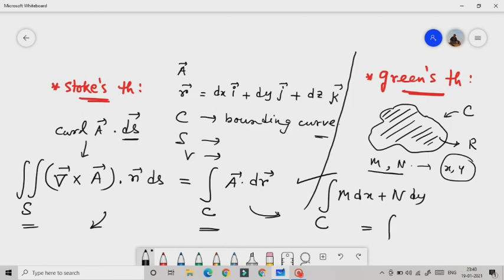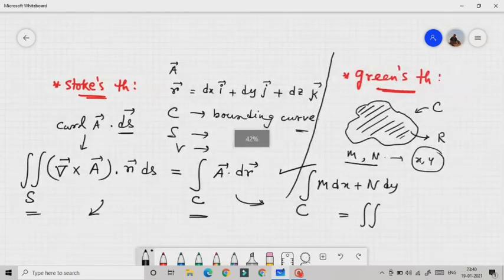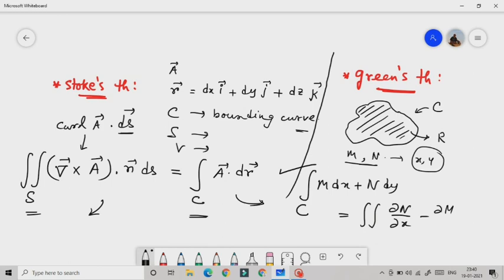In that case, this is equal to the integral over R of the quantity del N del x minus del M del y dx dy. So this is your Green's theorem, a relationship between the line integral and the surface integral.